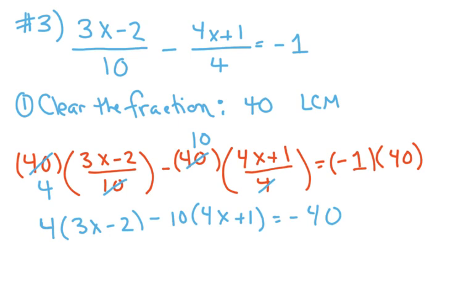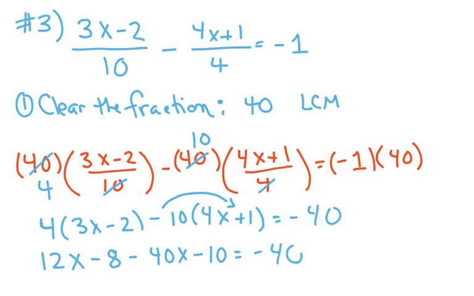Let's multiply everything out. I get 12x minus 8 minus 40x minus 10, because that minus sign applies to both terms, equals minus 40.